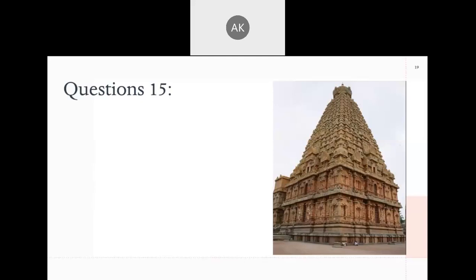What is this? Please identify this. What is this temple structure?